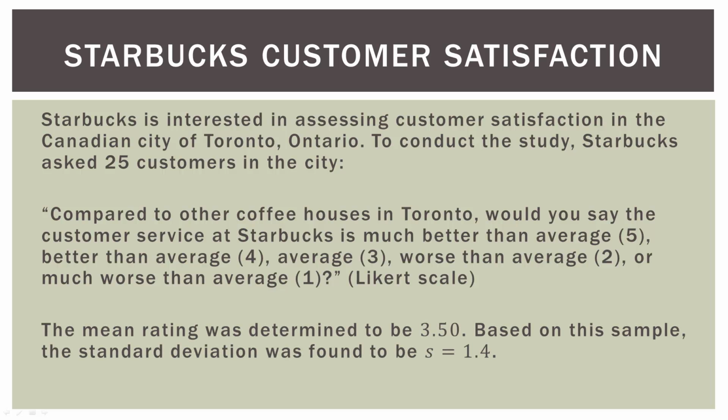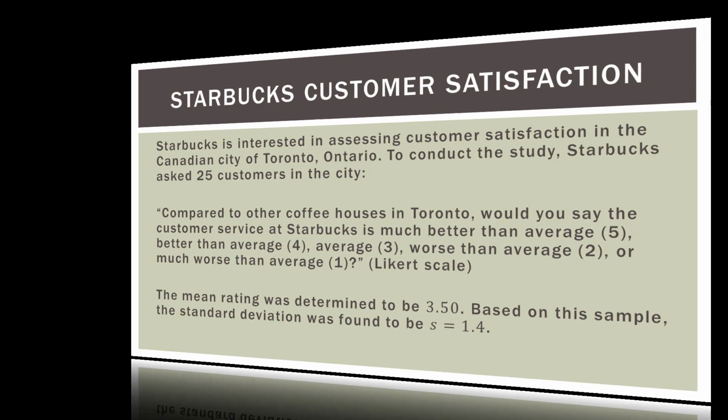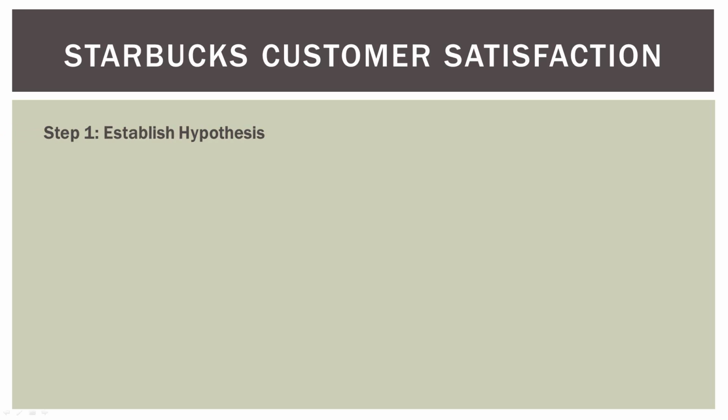Now, we found that the mean rating was determined to be 3.5. Also, based on this sample, the standard deviation was found to be 1.4. So our sample mean was 3.5, our sample standard deviation was 1.4. So let's set up our hypotheses. Our null hypothesis is that the mean customer sentiment or feeling is 3 or less.